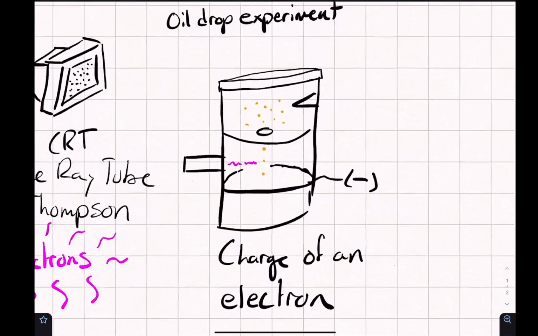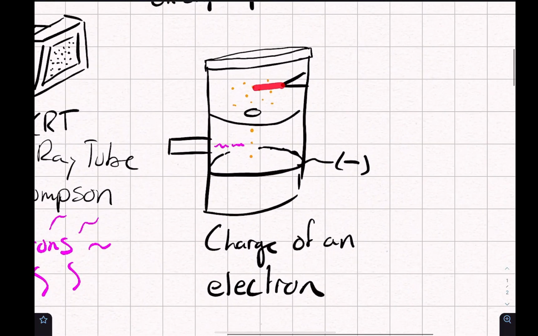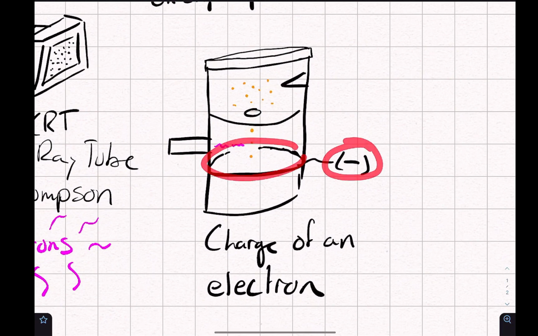So he had this chamber where he diffused these really, really tiny oil particles. And then they would fall down into this chamber, and there's a negatively charged plate on the bottom. That's what this is. By watching these, he could determine how long it took them to fall.